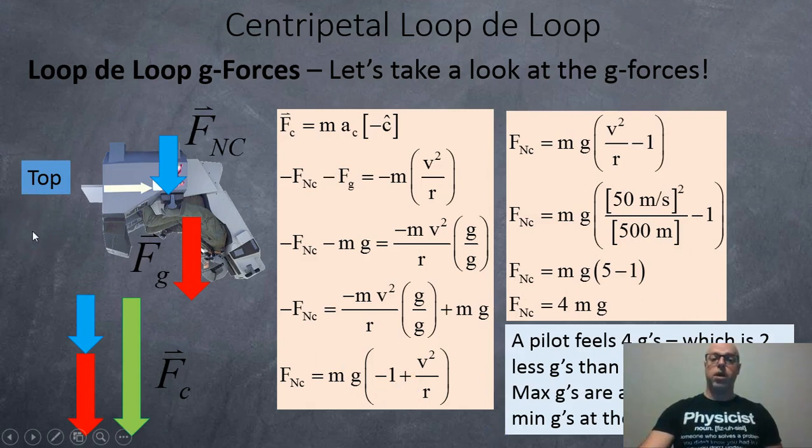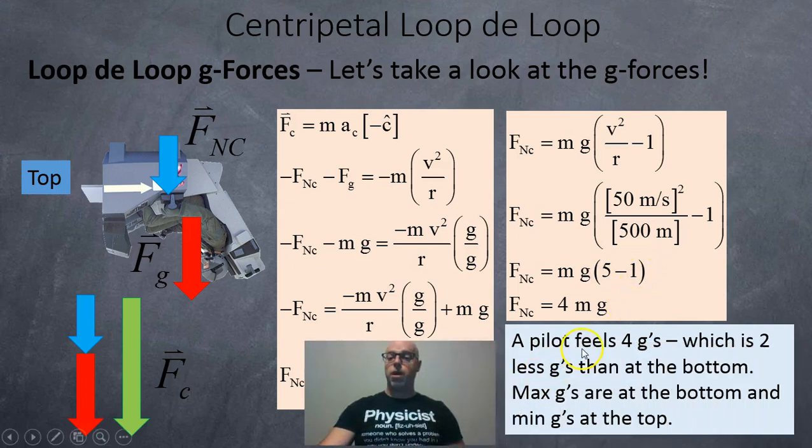Now, what if you get to the top of the loop? Now, the normal force and gravity are both pulling you towards the center, and so they're going to combine to have a net unbalanced centripetal force towards the center. The only difference, if you work through the math, is instead of having a positive 1, you will get a negative 1. And when we sub that in, we'll get 5 subtract 1, which is 4 Gs.